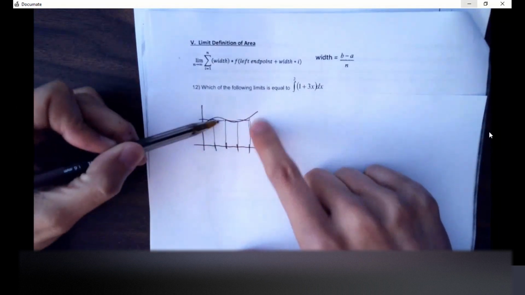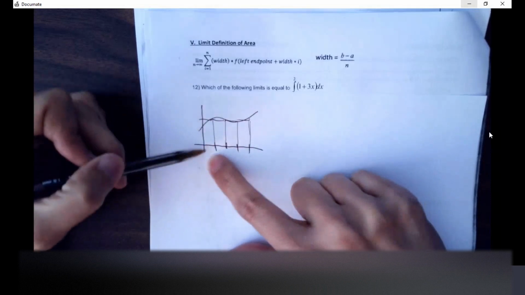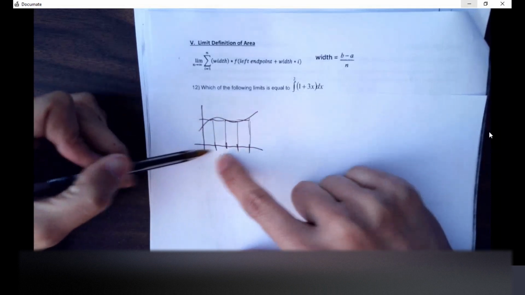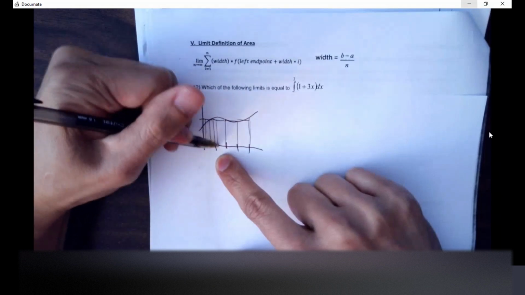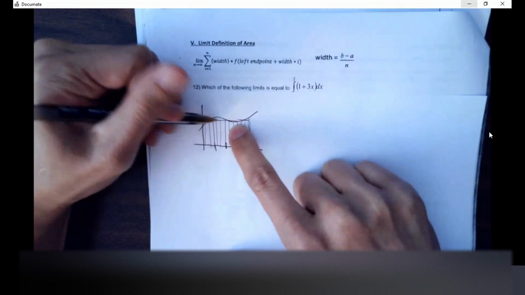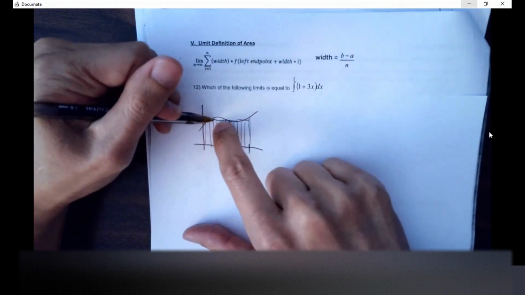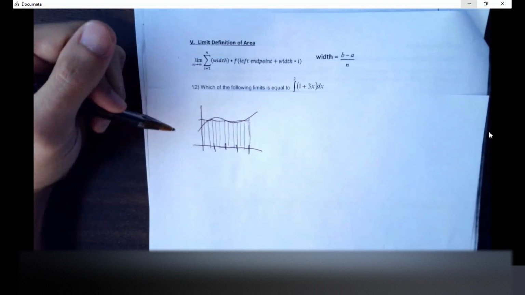It's not going to be very good. There's going to be gaps all over the place. So the idea is, what if we keep increasing the number of rectangles? Then we can cover up more of the gaps, and the gaps that are still there will be significantly less.